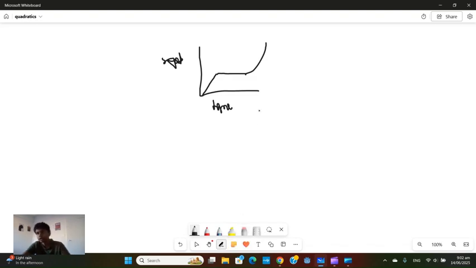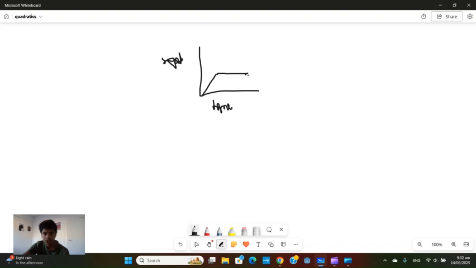So, in the distance time graph, calculating the distance was pretty easy. You could literally just look at it and find the distance. But here it's a bit more tough. We can't find the distance if there's a curved section.